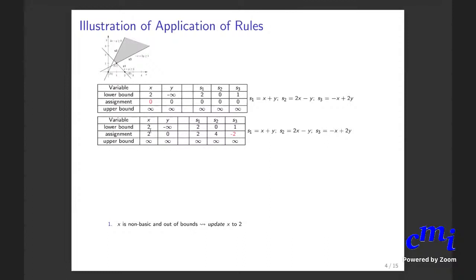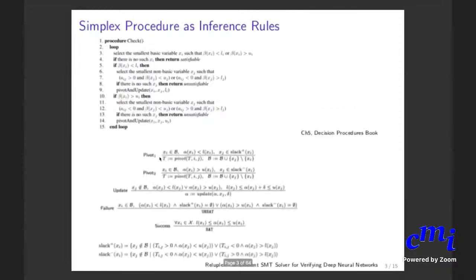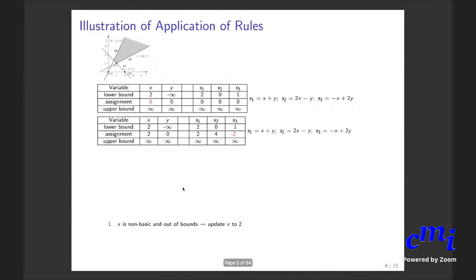So that's the only case when you have the update operation that is shown. You update the non-basic variables right at the beginning, and as a result of doing that, you see that one of the bounds on the basic variable S3 gets violated, because the value of S3 becomes -2.